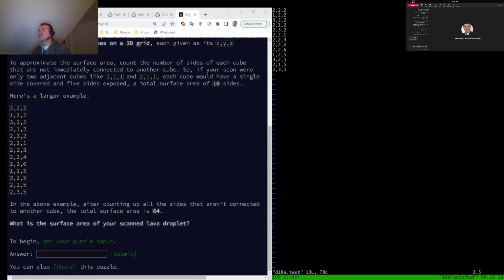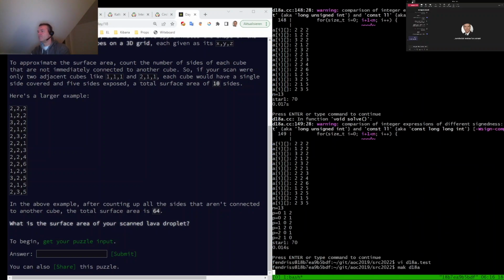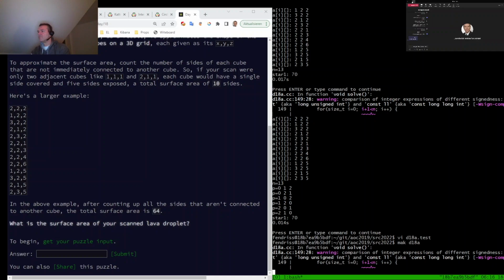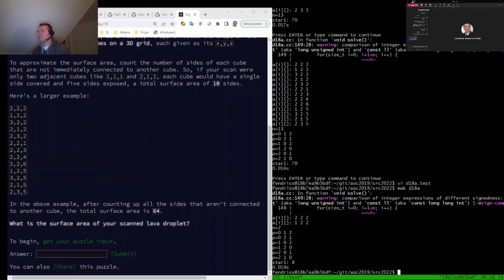So this also does not work. Why is this? It's 2 cubes.